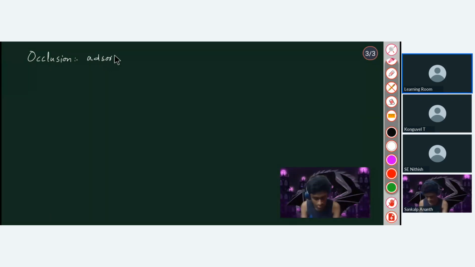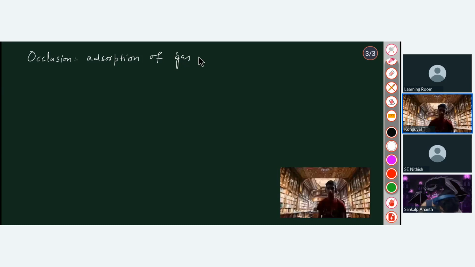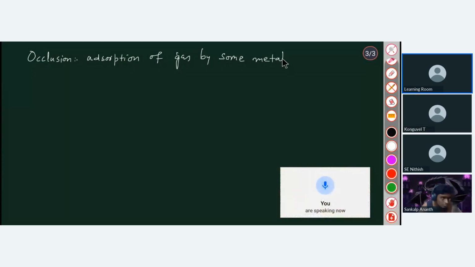Adsorption of gas by some metals. That means there are some metals which actually adsorb this hydrogen gas. So adsorption of gas by some metal is called occlusion.